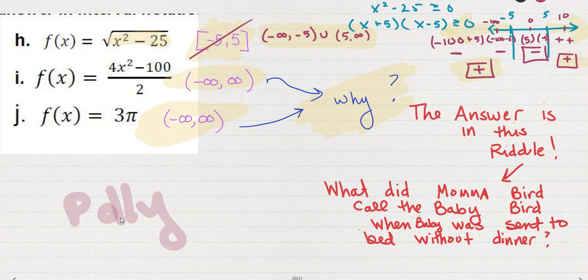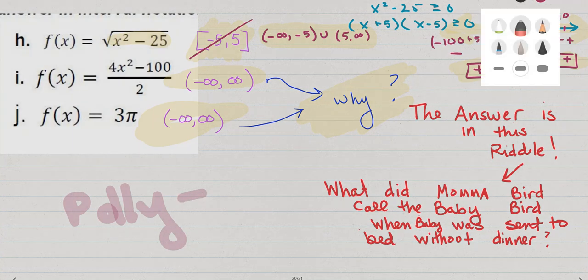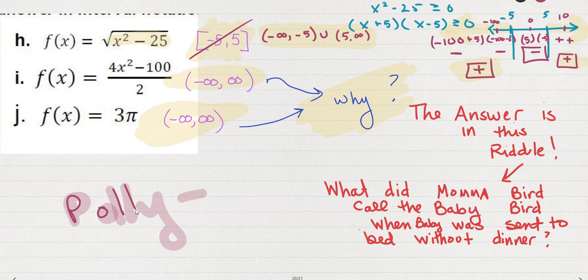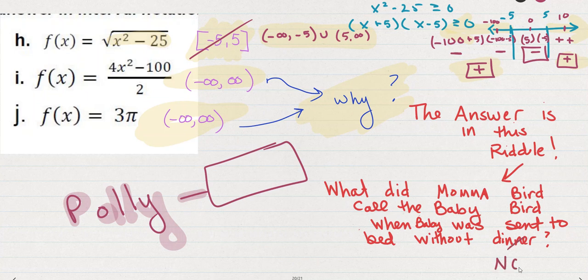When Polly was sent to bed with no dinner. So here's the riddle. I know it might be really bad humor. You're like, that's not funny. But if you're going for that extra point I said I'd give you. Polly, when you go to bed with no dinner, you go to bed with no meal, right? Skipped your meal. That's the hint.